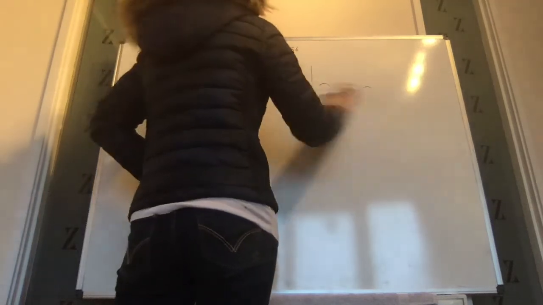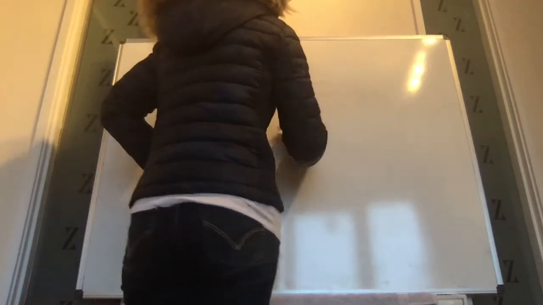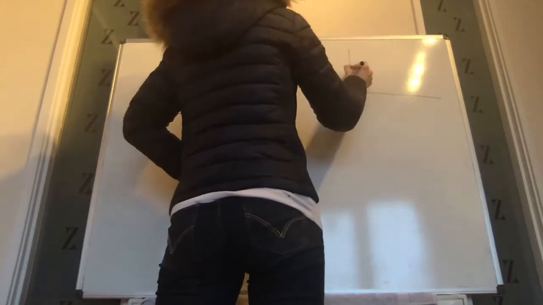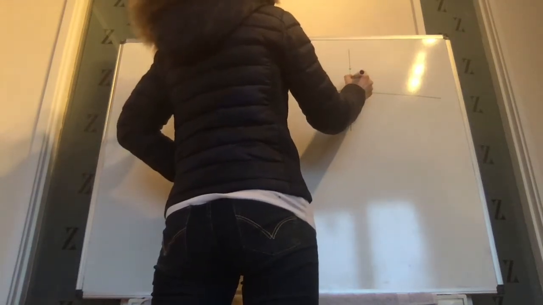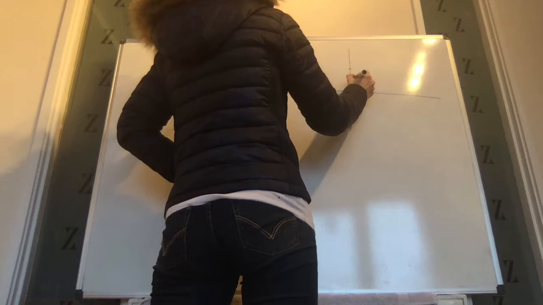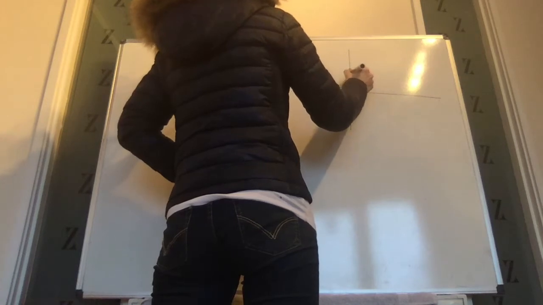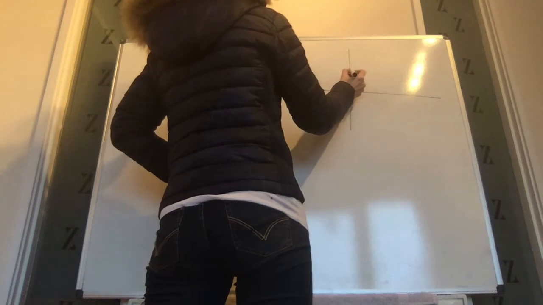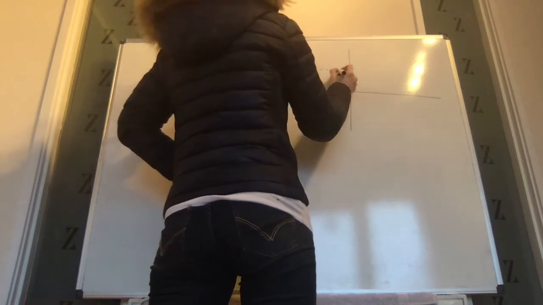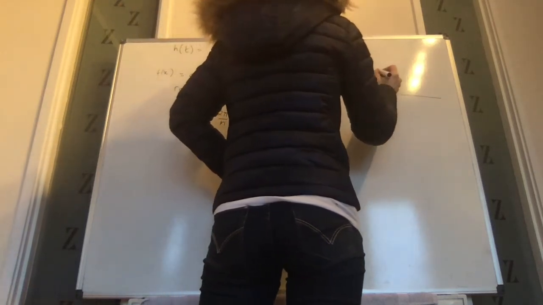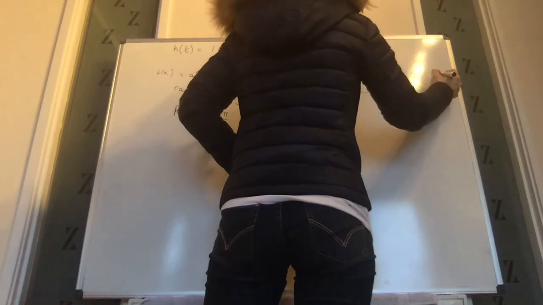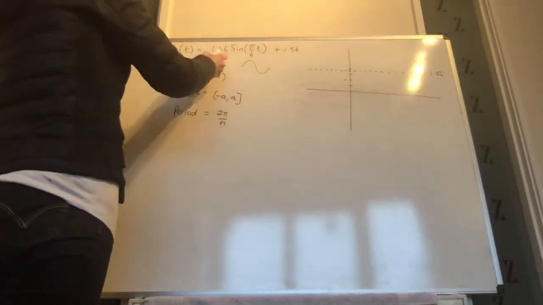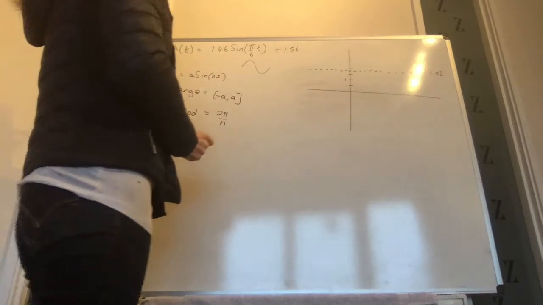So a rough sketch of this function would be something like, very rough sketch, if this is 1.56, it's going to be a sine function that is centered around 1.56. Now what about its amplitude? Well, its amplitude is 1.46.